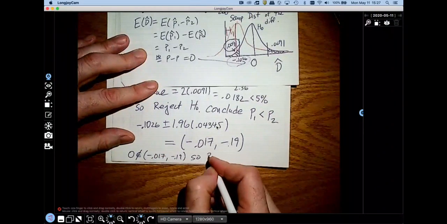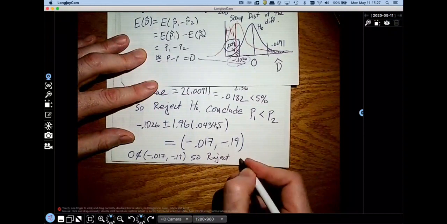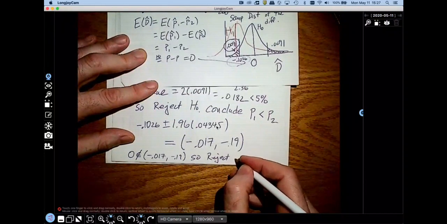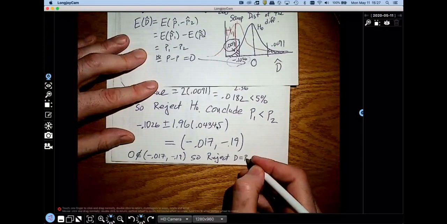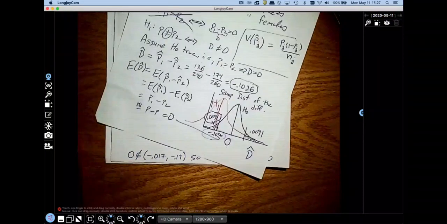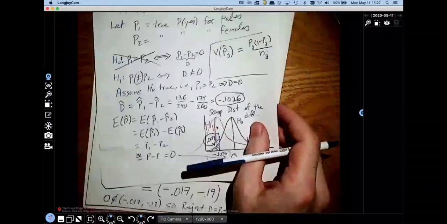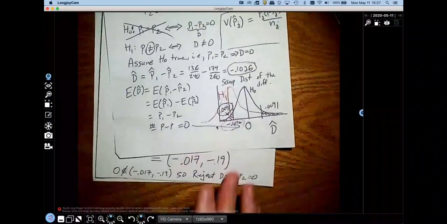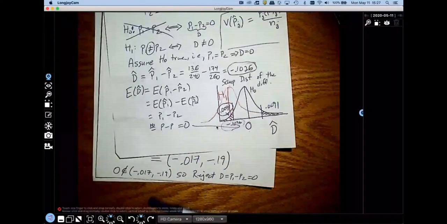So we're going to reject the possibility that D, which is equal to P1 minus P2, is equal to 0. So that's another way that we can do this hypothesis test. You can do that with the confidence intervals as opposed to the p-value, and that's equivalent to what we're doing here. All right.